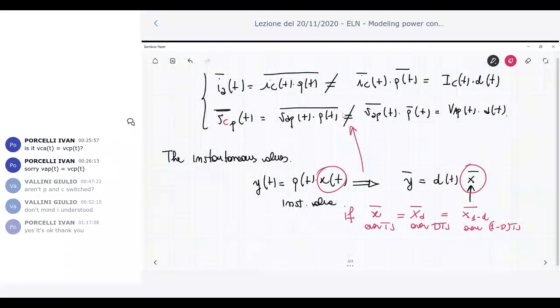So this is true. Okay, this means that you can apply this equal sign.